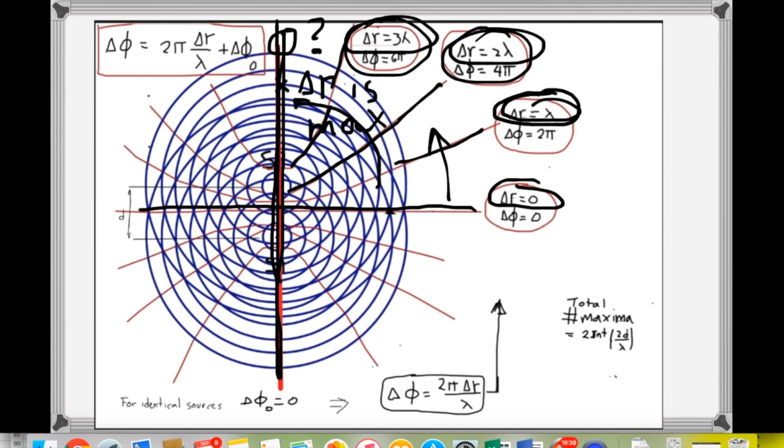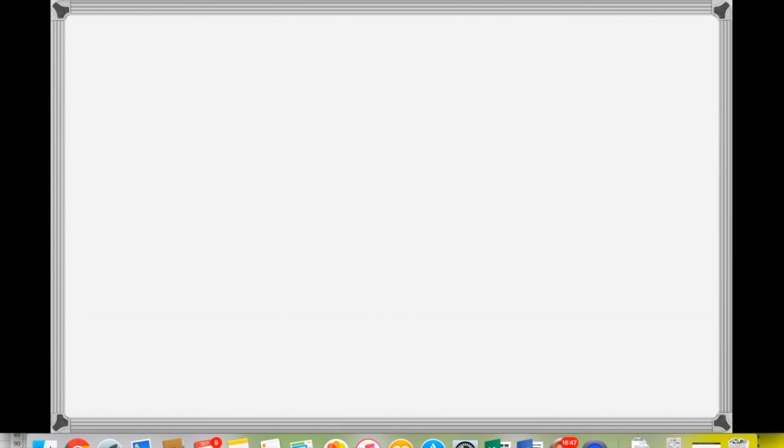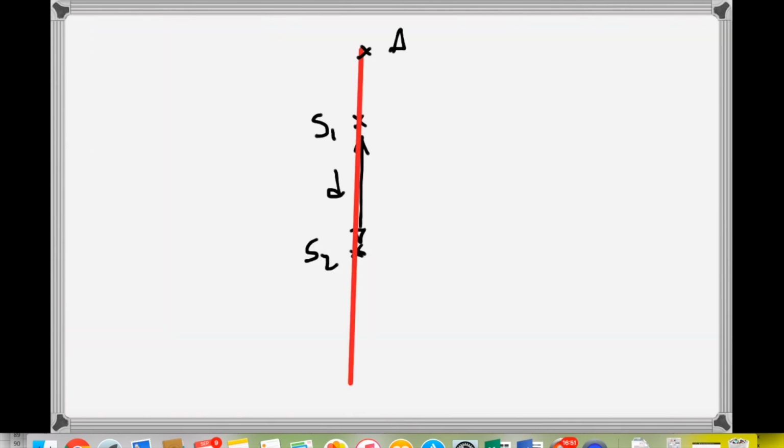How much is that difference in phase? Well, it's not very difficult to see, because we have an equation for that difference in phase. Difference in phase is 2 pi over lambda times delta r, and anywhere along that line, the difference in path length is going to be d.